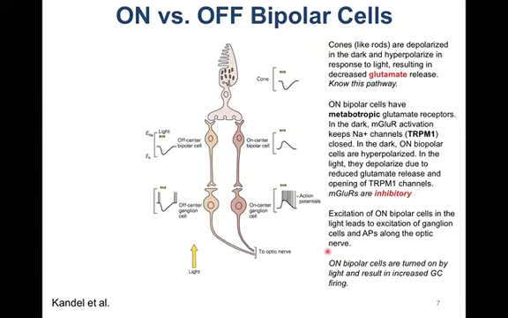They're excited by the light. Okay, excitation of on bipolar cells in the light is due to decreased glutamate release by their partner photoreceptor cells, decreased mGluR activity, increased current through TRPM1 channels, depolarization, and in the light, an increase in glutamate release by the on bipolar cell onto the ganglion cell.